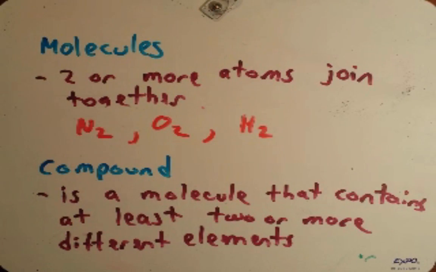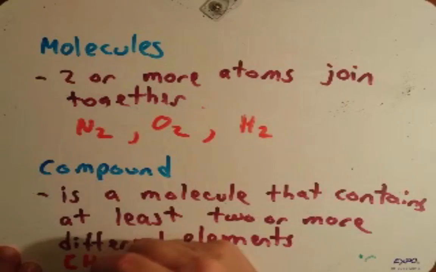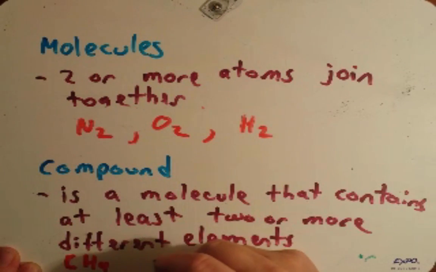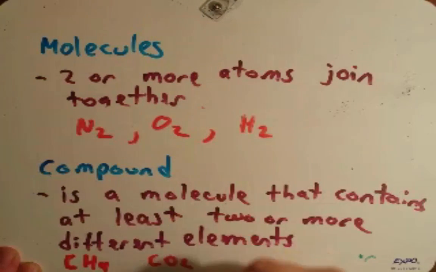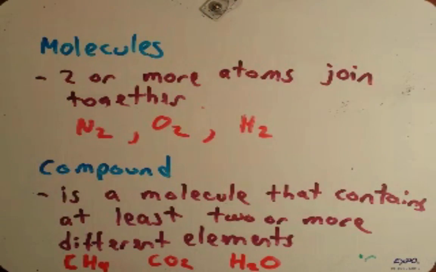So examples of this would be things like methane, which is C, carbon, and 4 hydrogens, carbon dioxide, which is 1 carbon and 2 oxygens, or water, which is 2 hydrogens and 1 oxygen.